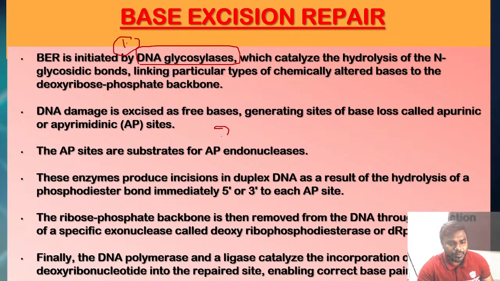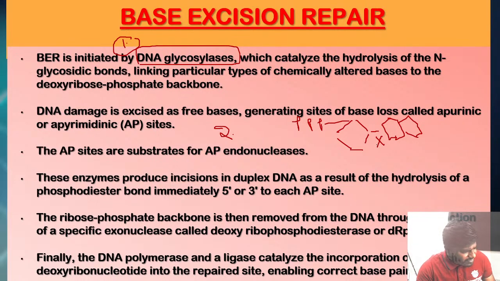Second major enzyme. Once again, everyone please try to understand. This is the base and sugar, and this is the phosphate. What have we cleaved so far? We cleaved this, right? After cleaving the base, we will cut this phosphodiester bond also.